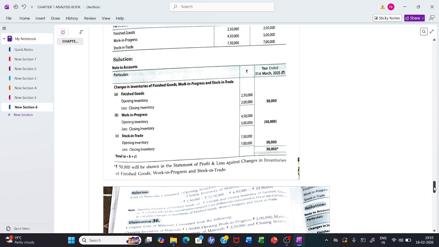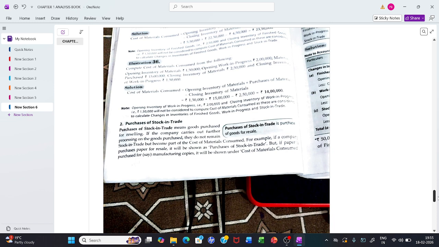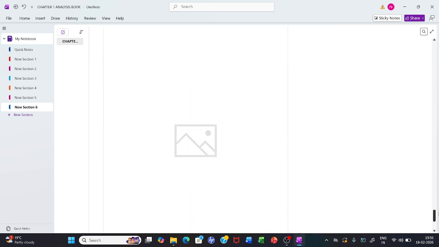So in this question, which was there in the sample paper, these were given and you had to find out the final answer. There were options given, and you had to select one. And what is purchase of stock in trade? Stock in trade means when you're buying something for reselling. It depends on the nature whether further processing is required or not. If it is meant for resale, further processing is not required. Here, that same example of the register would work, which has been explained to you.